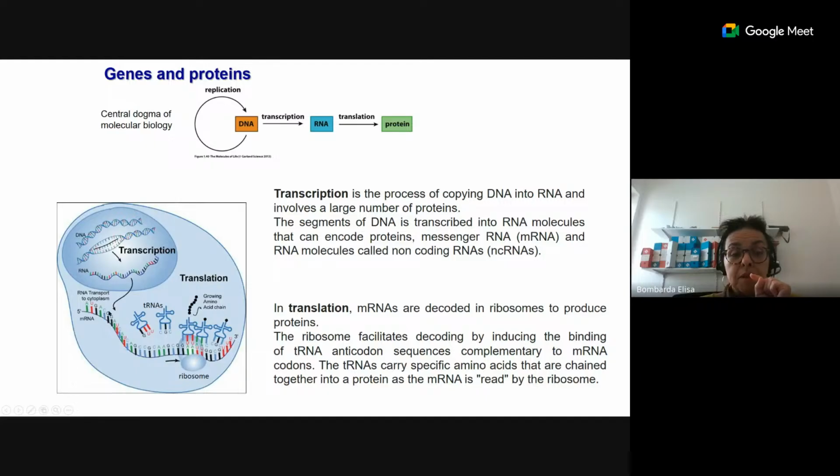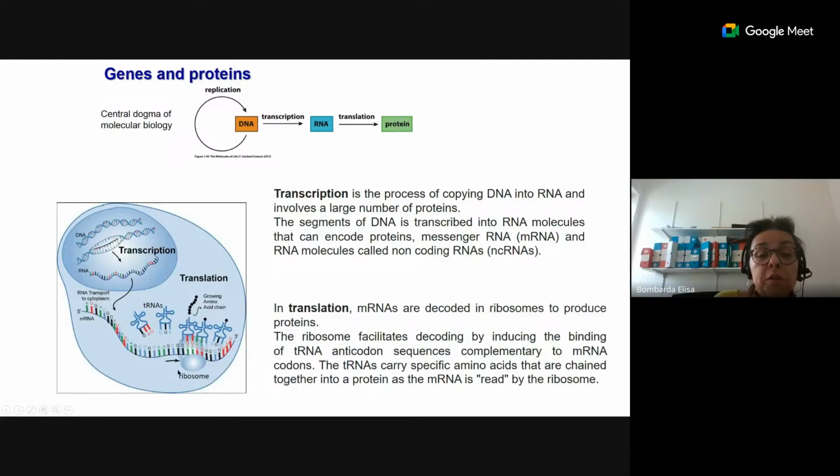But afterwards, the message written with the alphabet of the nucleic acid, in the RNA, has to be translated in another language, which has a new alphabet with 20 elements, to arrive at synthesizing the protein.